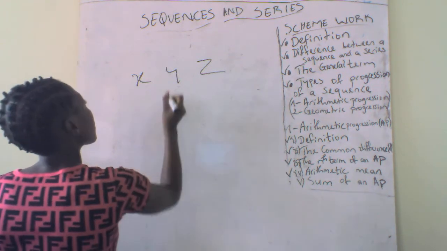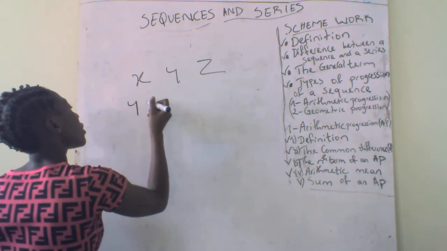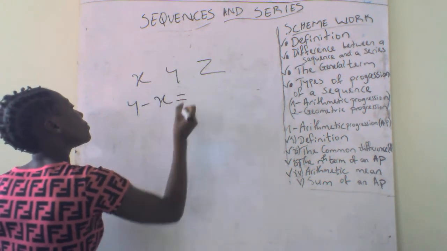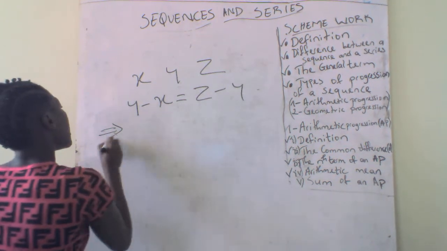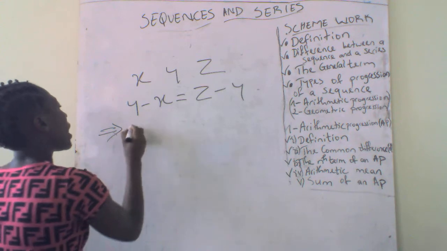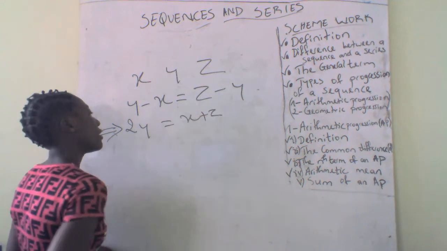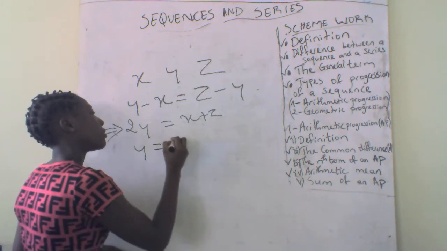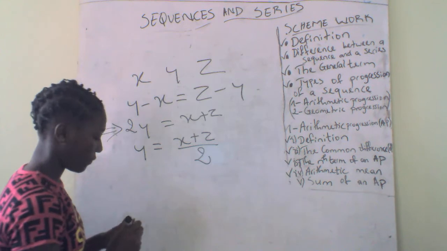Let's see. We know our formula of common difference is second term minus first term, which should be equal to third term minus second term. And if we solve this equation, we have 2y equals x plus z. So that y will be equal to (x plus z) over 2.